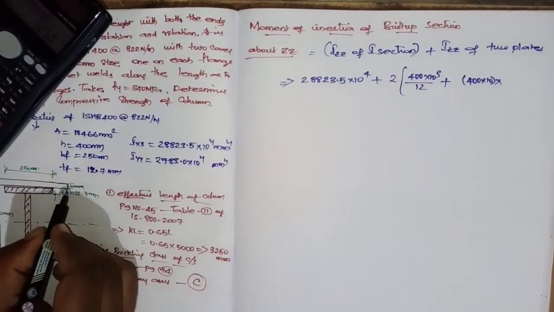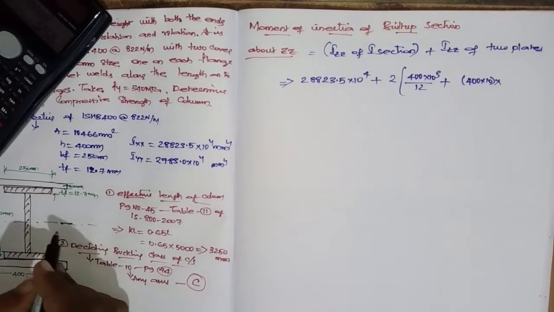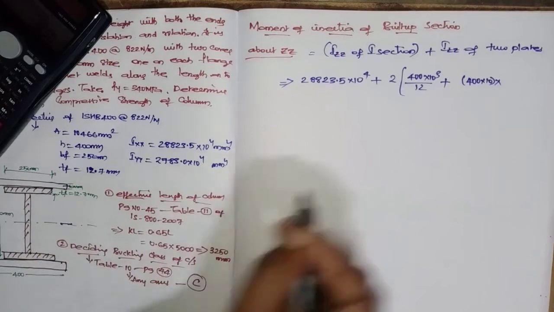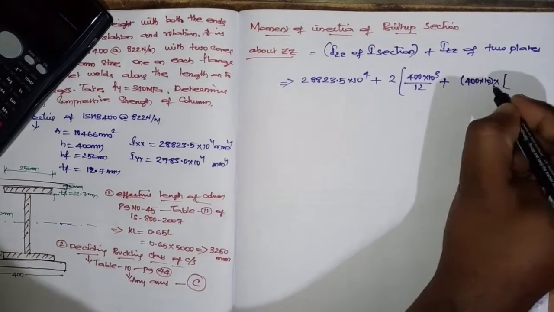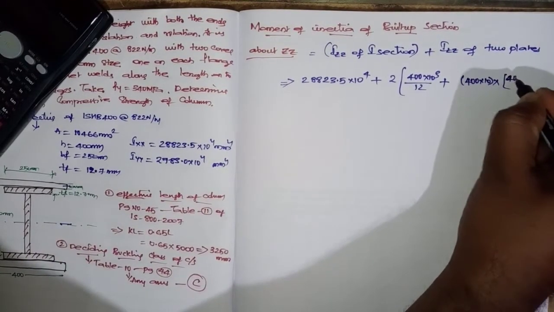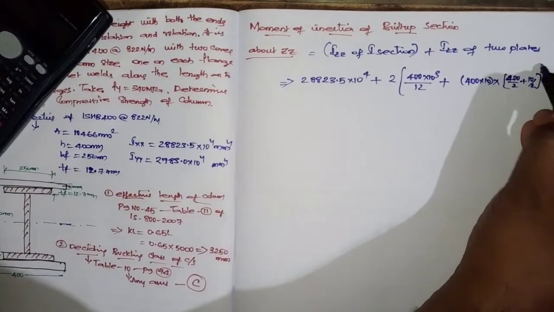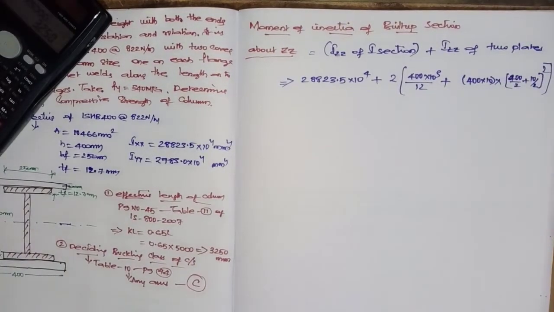h square means from this center to this center. So total from here to here is 400, means half will be 200, plus 10 by 2, so (400 by 2 plus 10 by 2) square. This is the thing you are supposed to calculate.